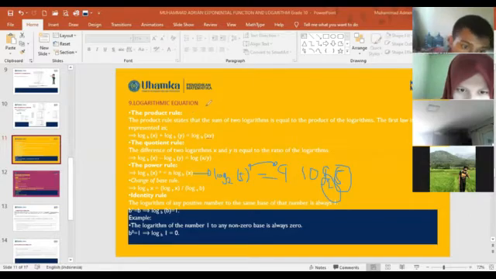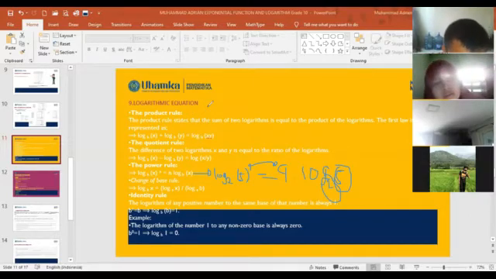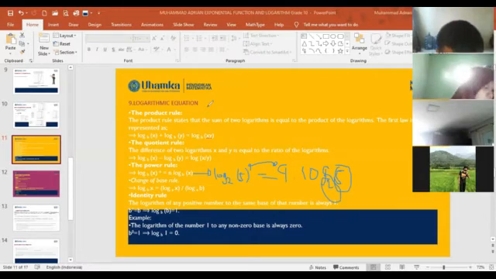The next, the change of the base rule. Log b x equals log a x divided by log a b.